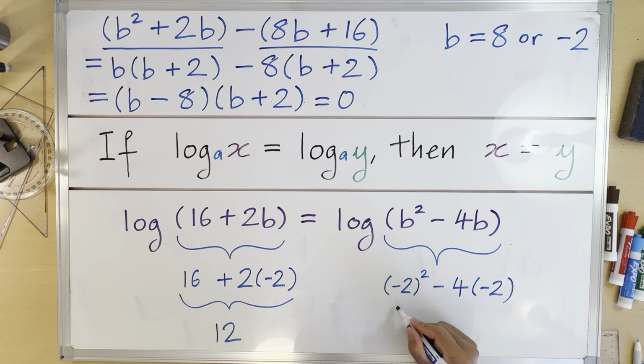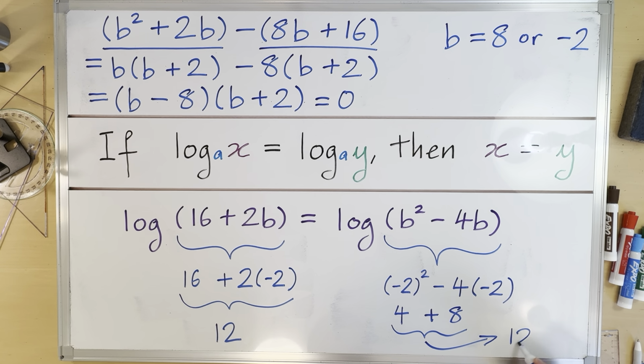Negative 2 squared gives us positive 4, and negative 4 multiplied by negative 2 gives us positive 8. 4 plus 8 gives us 12.